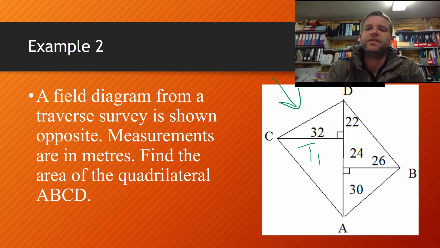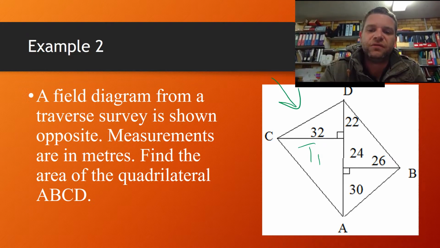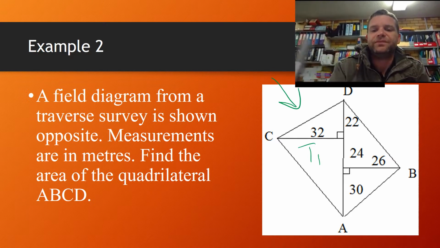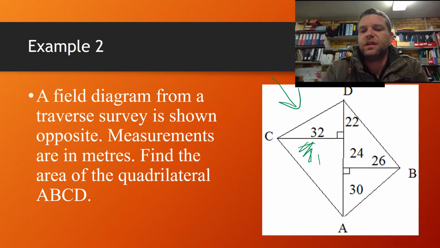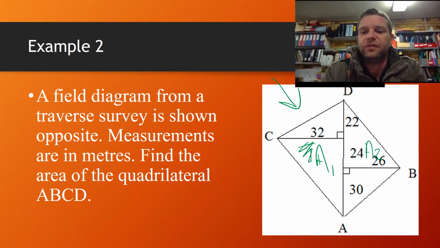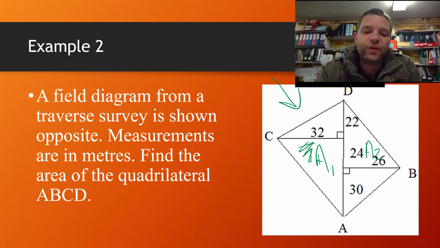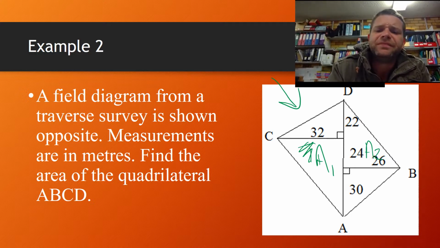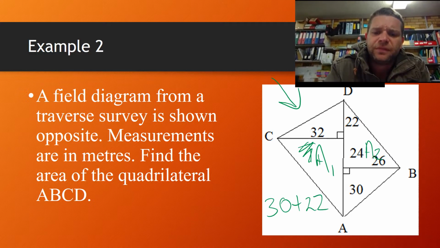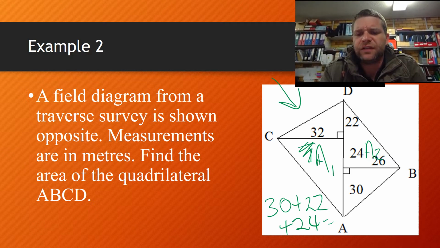Actually, rather than using the word triangle, we'll call them area 1 and area 2. I could do 4 areas, but because they're really big triangles, you know what? I'm just going to wing it. That's a bat pun. Add them all together and that gives us how far we're going to go.